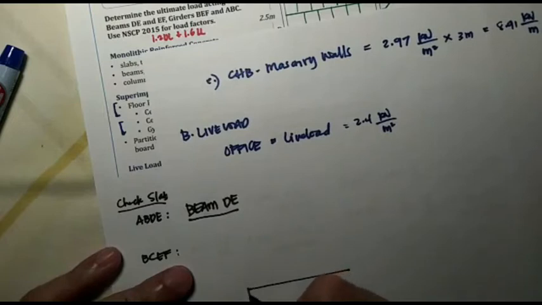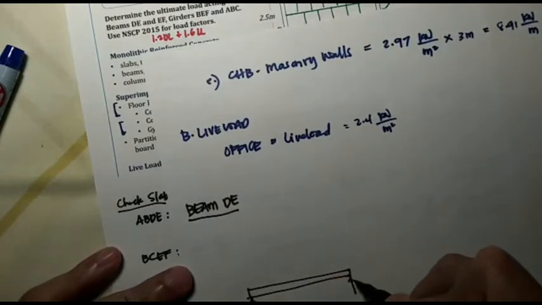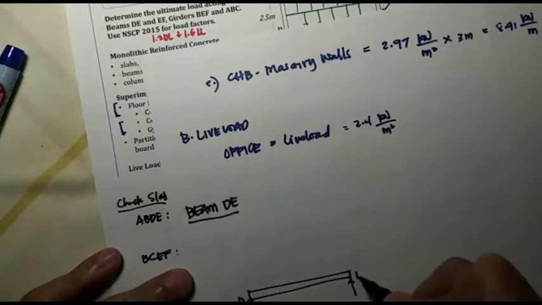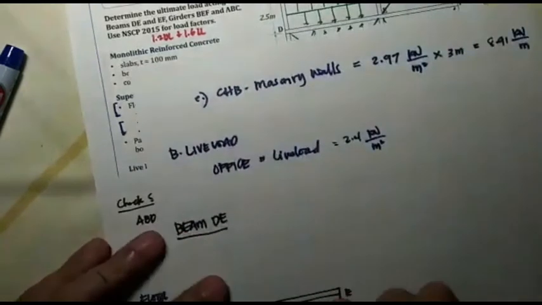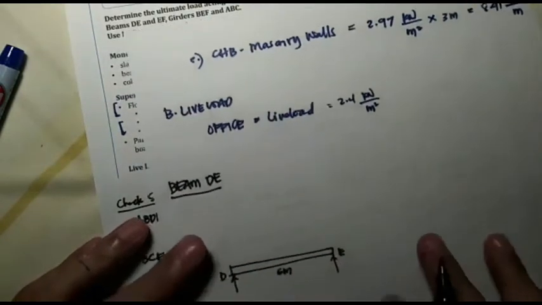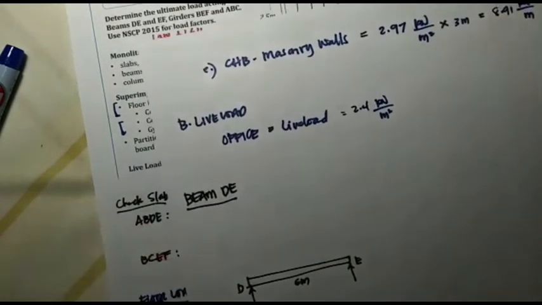I will just assume that beam DE is a simply supported beam. So ito yung D, ito yung E. So the span of beam DE is 6 meters. Then ano yung mga loads?